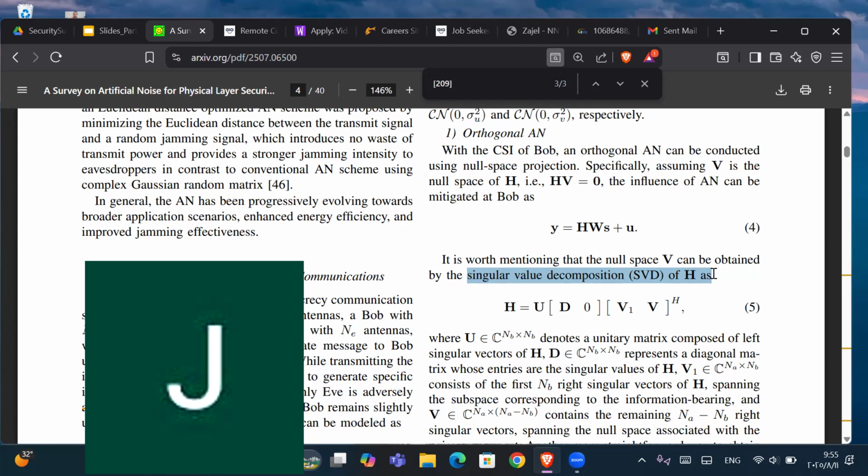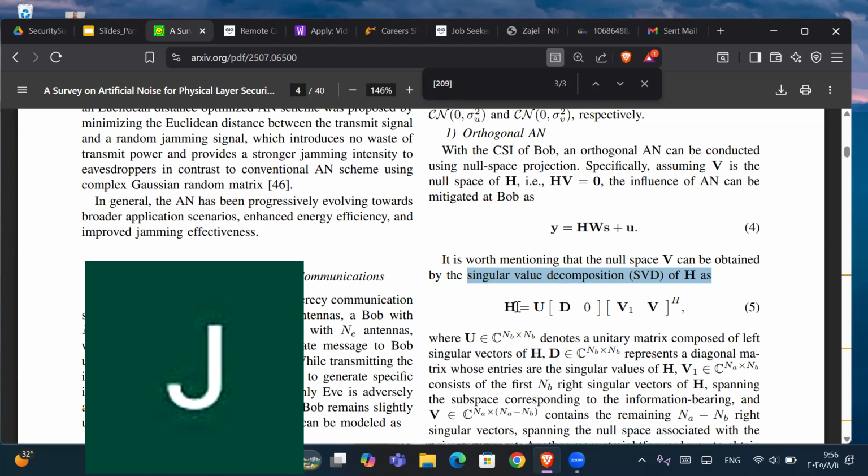The null space is the orthogonal vectors that if we transmit in their direction, at the receiver side they will fade away, they will disappear, basically. So you put something at the transmitter, but by the time it reaches the receiver, after it passes through the channel, it will disappear. This is like magic.